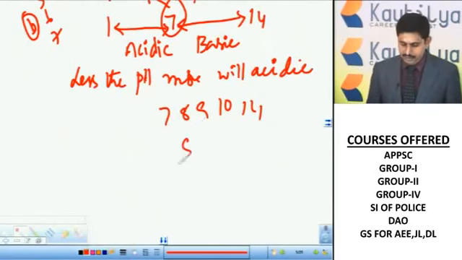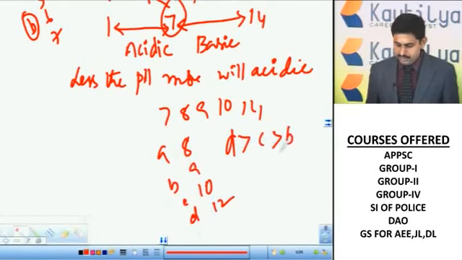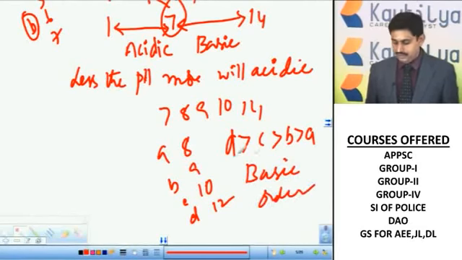Say for example 8, 9, 10, 11, 12, okay, so A, B, C, D. Which has the more basic character? D has the more basic character, that is D is greater than C, greater than B, greater than A. This is the basic order. D has more basic character than C, then B, then A, because as the pH increases, the basic character increases.